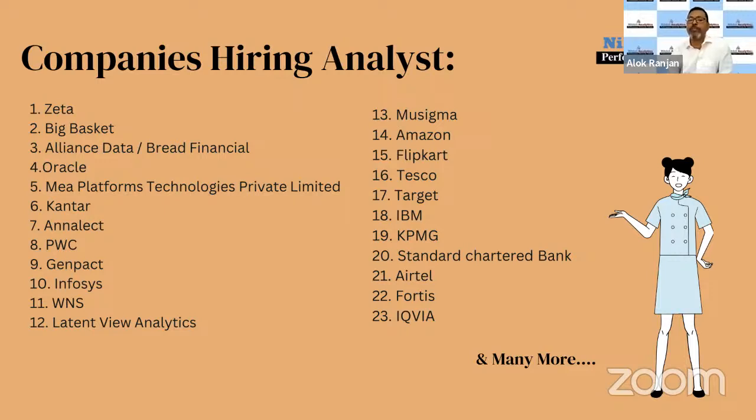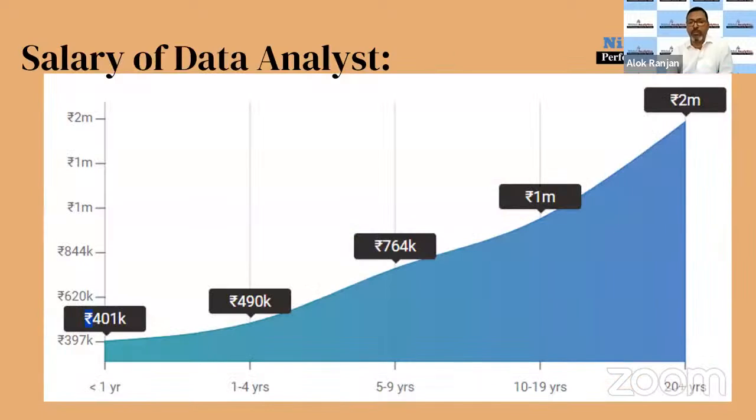Many more companies are associated with Nikhil Analytics and they are continuously hiring from us as well. So in terms of job opportunity, we have a lot of job opportunities for you, but with the skills, you have to clear their interview rounds and their placement procedure, then only you can get into these jobs.